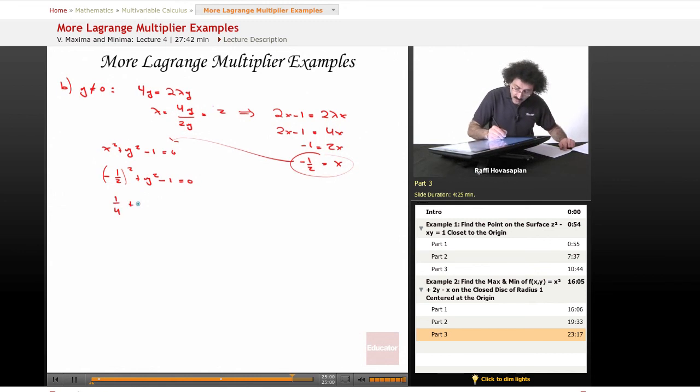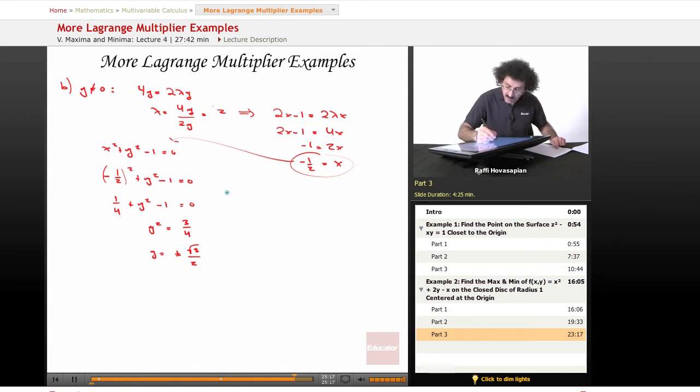I get 1/4 plus y squared minus 1 equals 0. I get y squared equals 3/4. Therefore, y equals plus or minus root 3 over 2. Okay, so now my other points: x is minus 1/2, positive root 3 over 2, and minus 1/2, minus root 3 over 2.